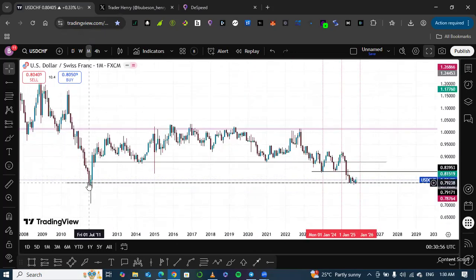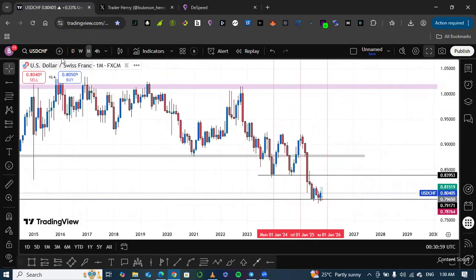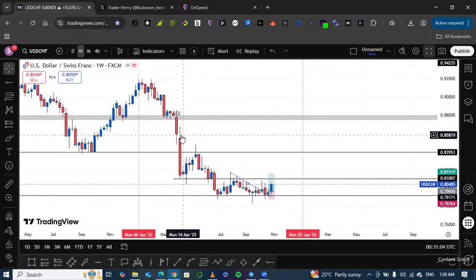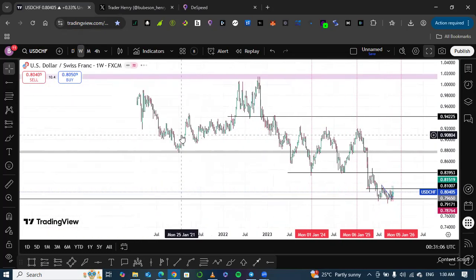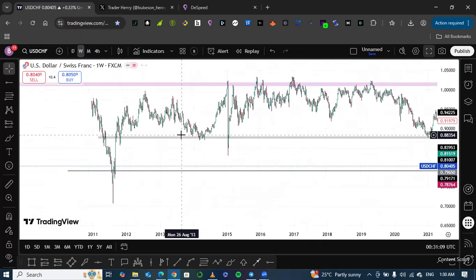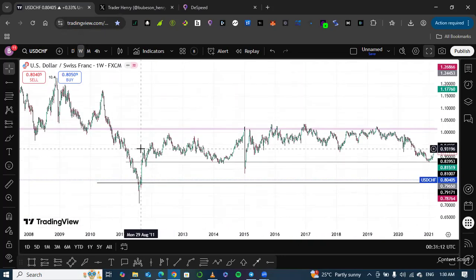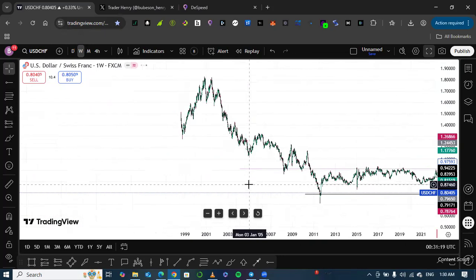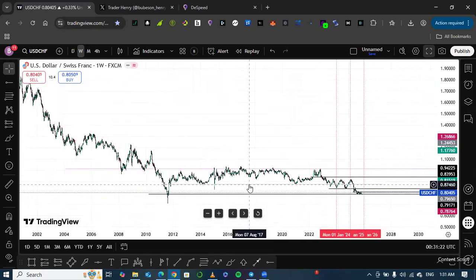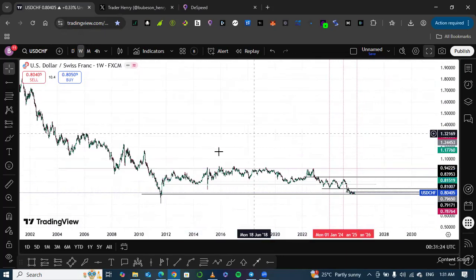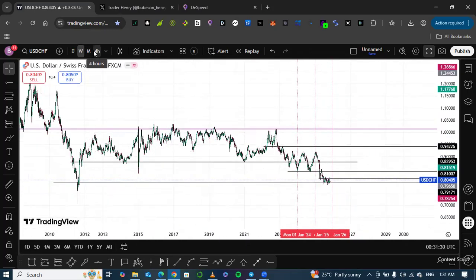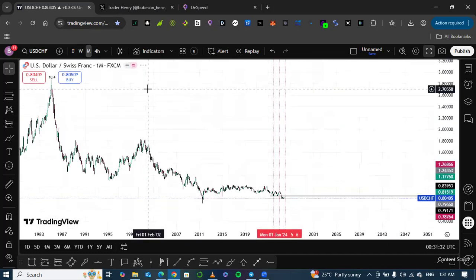This level is also very strong, and it has been here since 29 August 2011. This is the second time price is getting to this level in many, many years. So this level has some significance, and I know that it's going to push price to the upside.